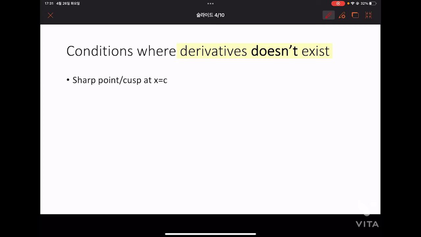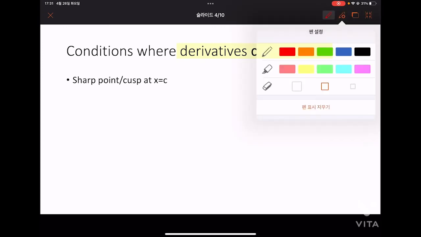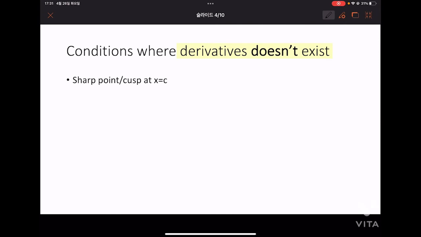First, derivatives don't exist if there are sharp points or cusps at x equals c. For example, in a function like this, well, these are both straight lines, and this is point c. We can see that at this point, we have a sharp point. If a function is not smooth, it does not have derivatives at that point.